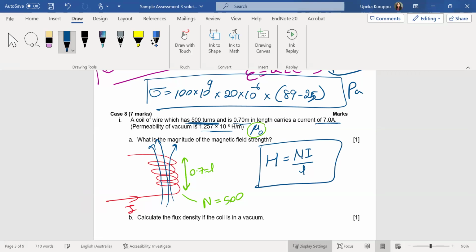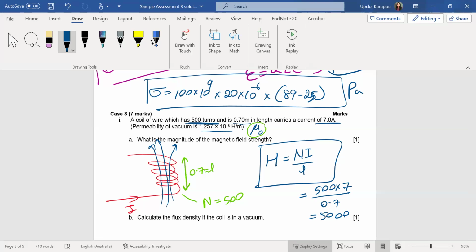So this is the externally applied magnetic field. So that field is created by this current carrying coil. So that field strength is equals to what? N is 500, I is 7 amps divided by 0.7, that will be 5,000.